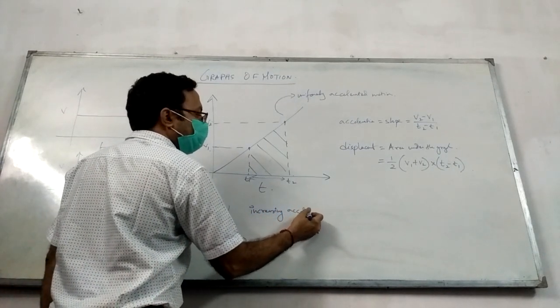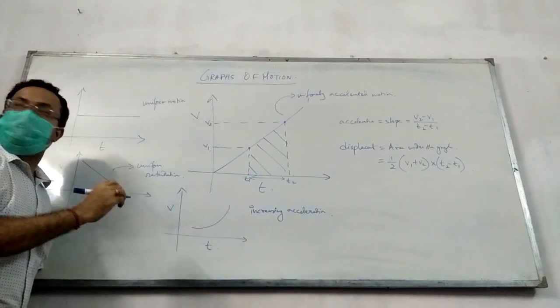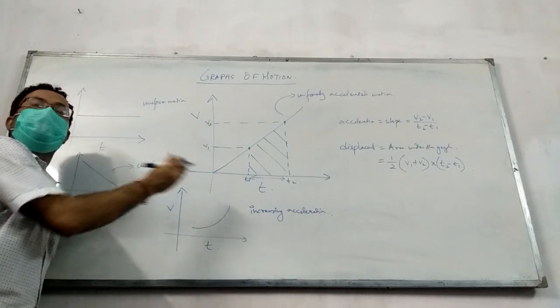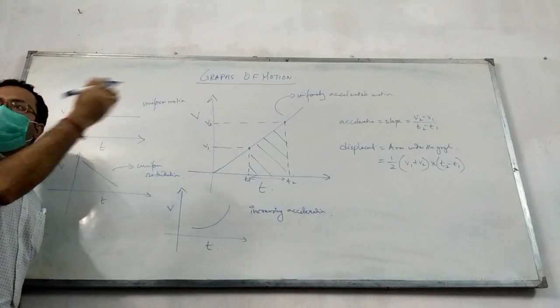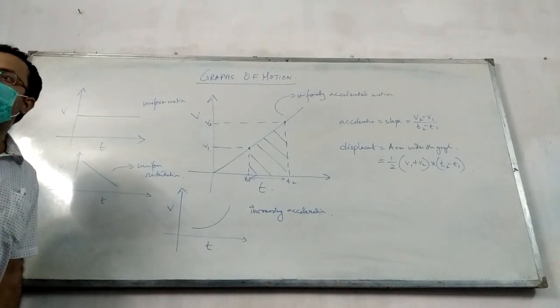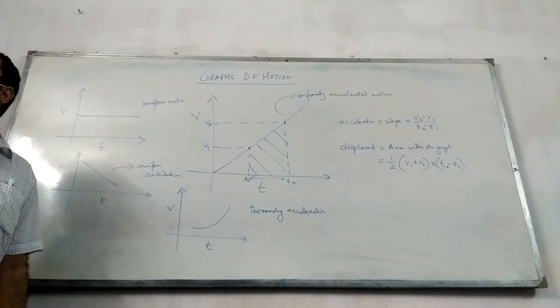Why? Because had it been constant acceleration, it would have been a straight line graph. तो straight line पे velocity जितना बढ़ता, ये curve के लिए velocity और भी ज़्यादा बढ़ जाता है, मतलब acceleration increase कर रहा है. Please concentrate.